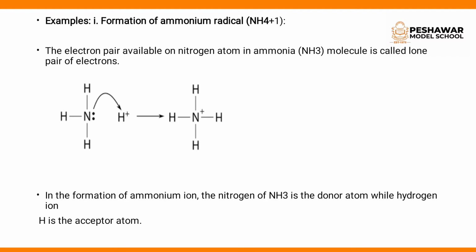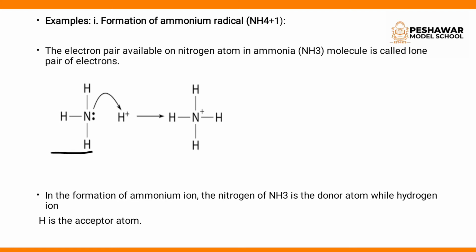Look at the formation of the ammonium radical, or the ammonium ion. The electron pair available on nitrogen in the ammonia molecule is called a lone pair of electrons. I told you in the previous lecture about the lone pair of electrons and the bond pair of electrons.